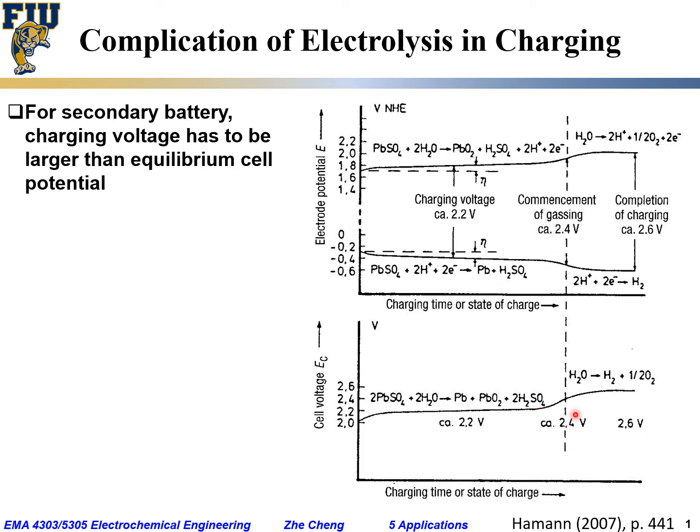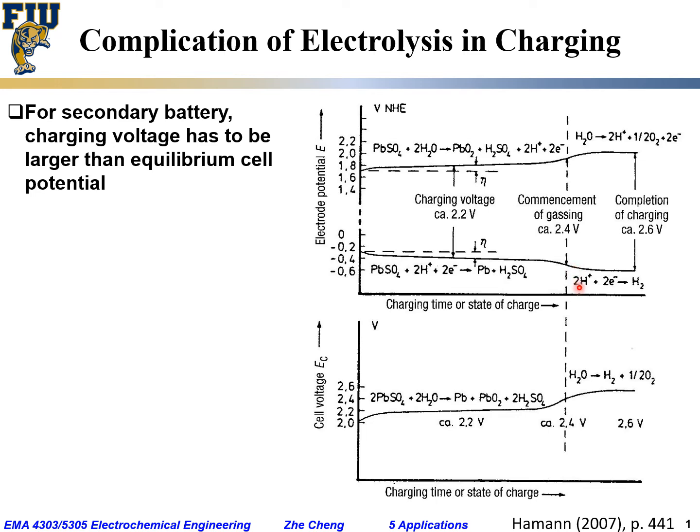Remember, the electrochemical window of water is only around 1.229 volt, but with large enough overpotential, let's say the overall applied voltage is 2.4 volt, we would now have more than 1 volt of overpotential.